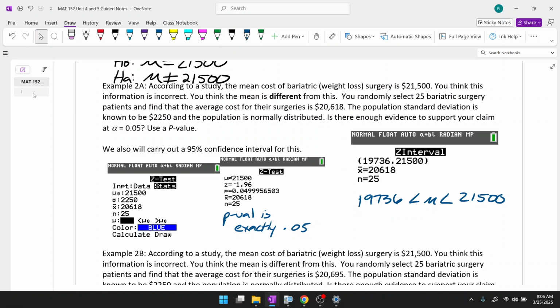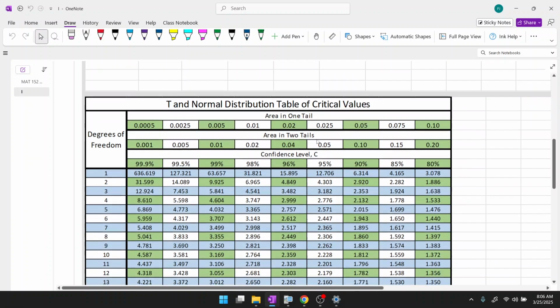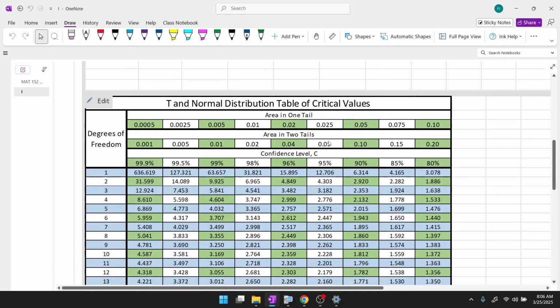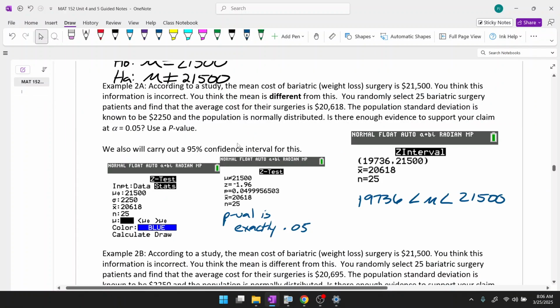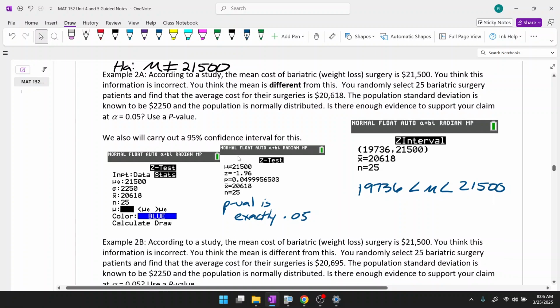I mean, we know it's a two-sided test. So if you look for area in two tails of 0.05, that's going to correspond directly to 95%. Now, in the older days, I would actually have students calculate the 90% and the 95%. But we're just going to kind of go straight up here. So this is what we would call a no decision.